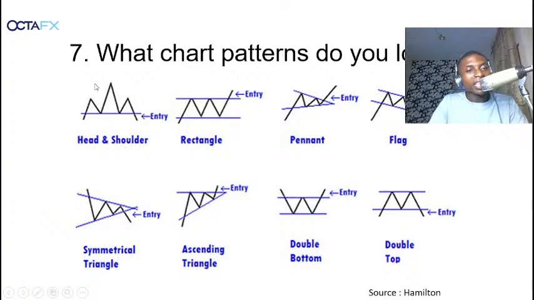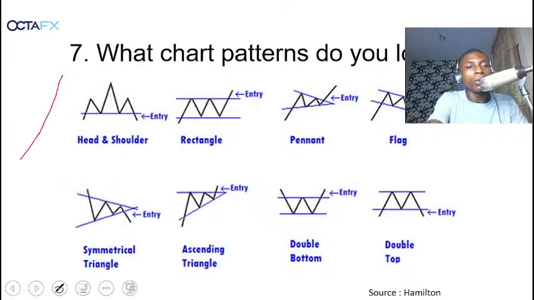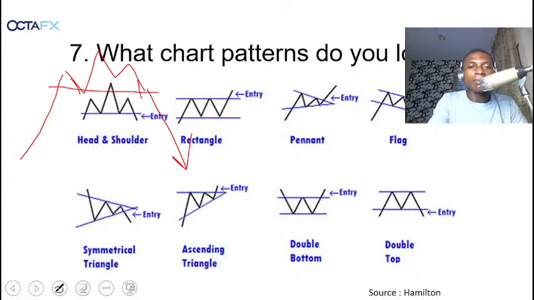Let's say in a bullish market where the market has been going up for a while, the appearance of a head and shoulder shows the market is ready to reverse downward. The same applies when the market is going down and a head and shoulder appears. It's an indication that the market wants to reverse back up, right?